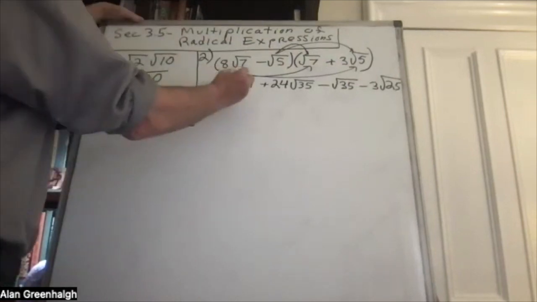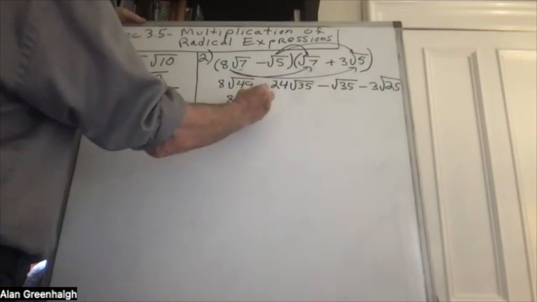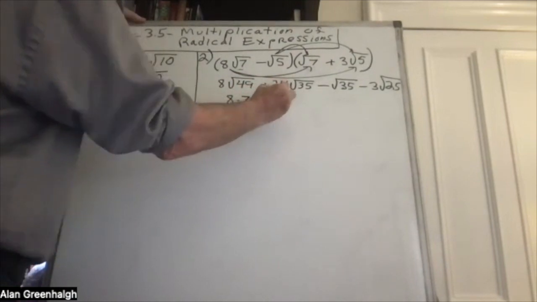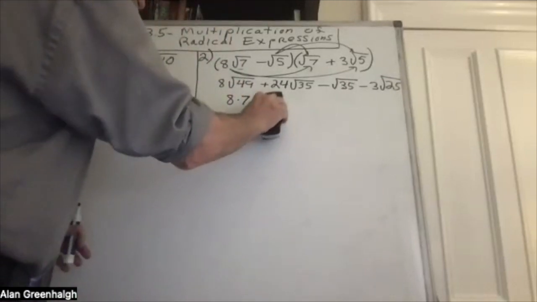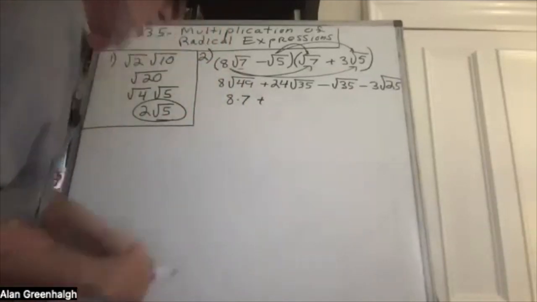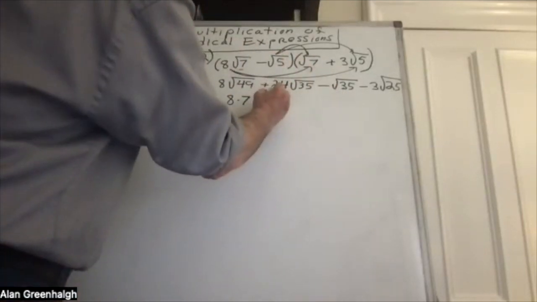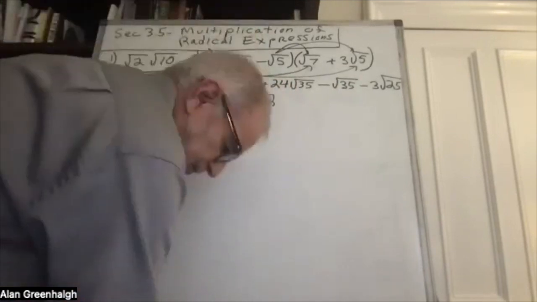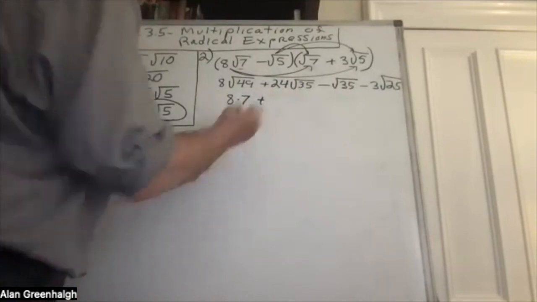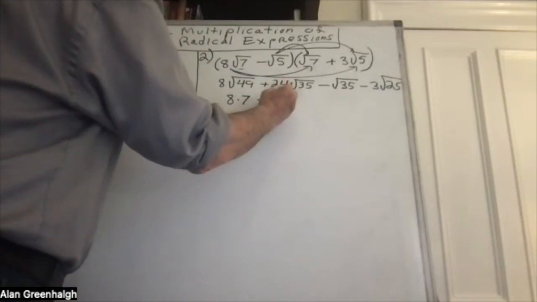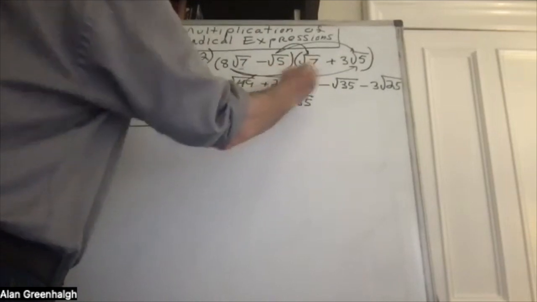So the square root of 49 is 7 plus 24. Well, let's simplify this as we go along. This can be simplified, right? We have the same radicals, so this is 23 times the square root of 35. That takes care of these 3.